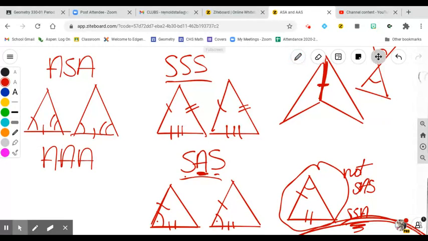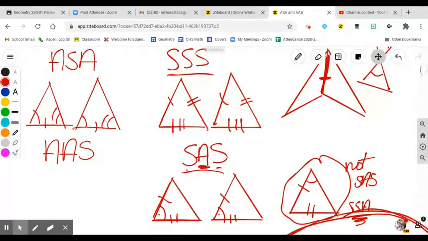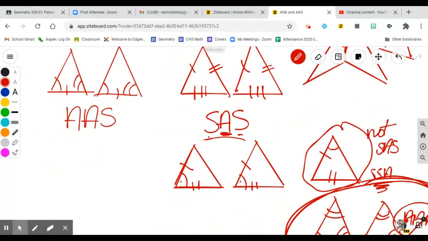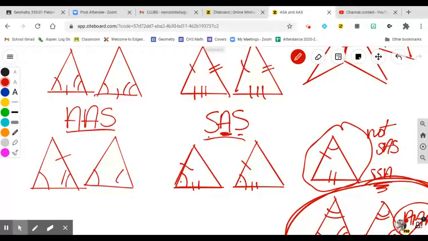So today's practice, whoops, I just wrote angle, angle, angle by accident. Today's practice is going to be just on angle, side, angle, and angle, angle, side. And then tomorrow in class, we will do some practice of all of them. And then we'll have a short little quiz at the end.